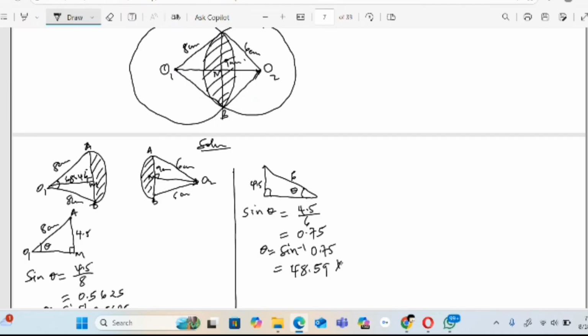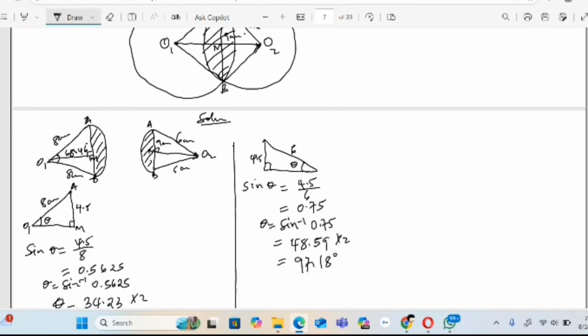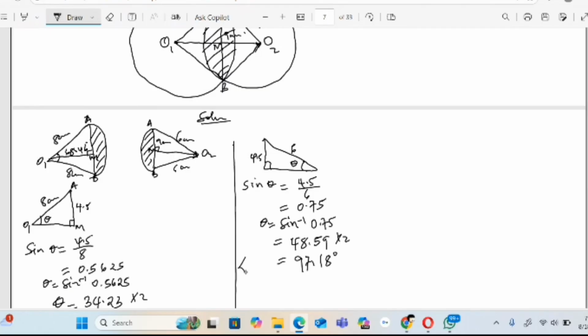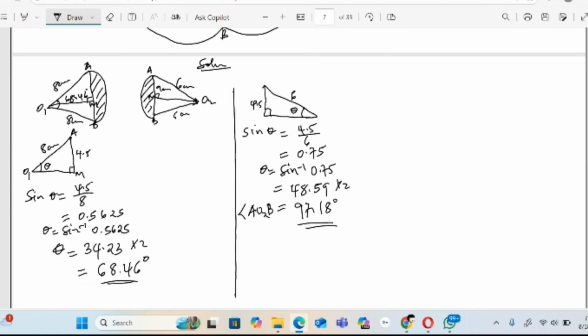So we get 97.18 degrees. So this is now the size of the other angle. This is angle AO2B. So that is the size of that angle. And here is where we got the size of angle AO1B. So we have the two angles.